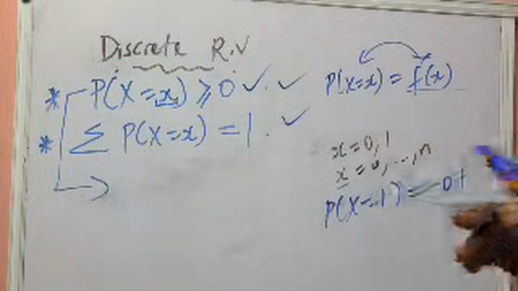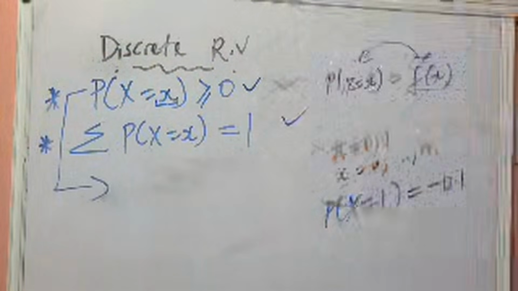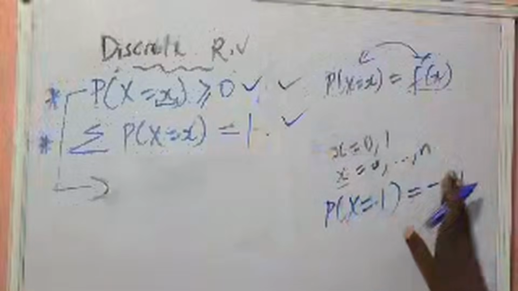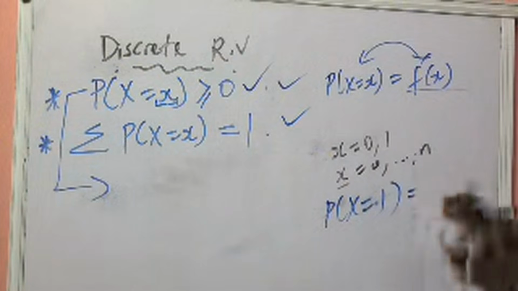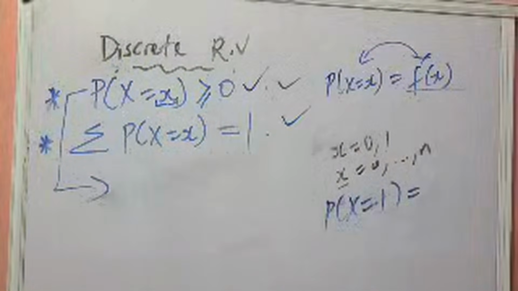A discrete random variable says the probability of the random variable being equal to any numerical value must be greater than or equal to 0. So we are okay with it being 0, but we are not okay with it being less than 0. That's the meaning of this very first expression. I'm sure you guys can understand that clearly, but good.